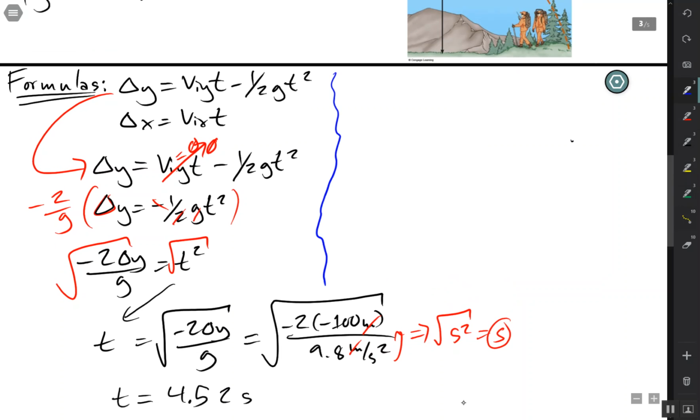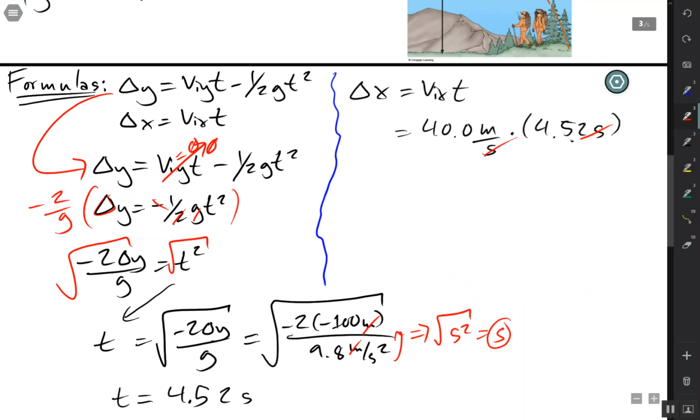Okay, we're going to use the second equation now, that simple one, which is what we were solving for to begin with: delta x equals v_ix times t. And now we already know that v_ix is actually 40 meters per second, and there's a reason why I'm writing it like that, times the 4.52, or the non-terminating decimal that you have.